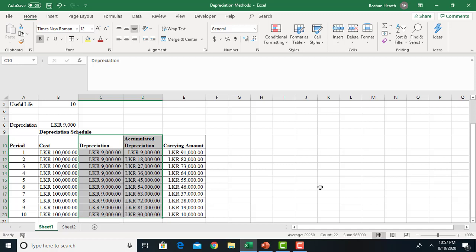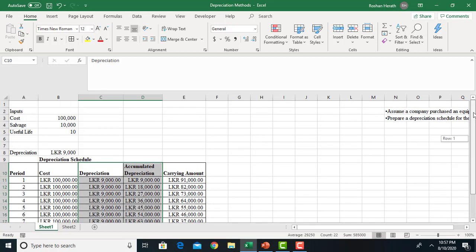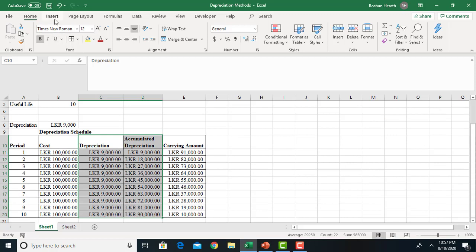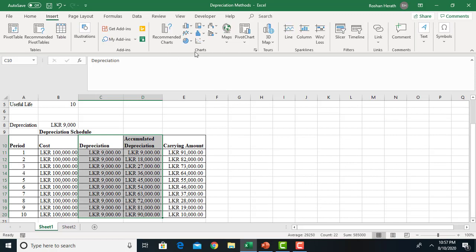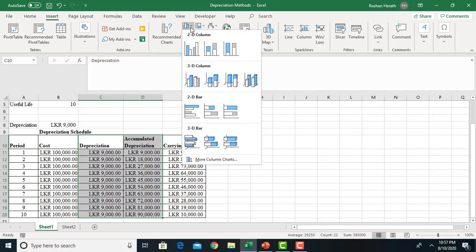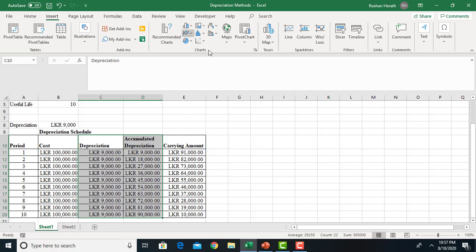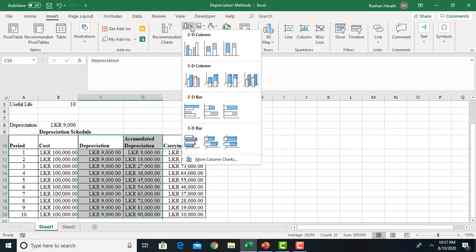You can take it for a graphical representation, then it would be more convincing for the audience. So we may go to the insert and take a bar chart, a suitable one. You can select from the insert, the charts are there. From that, you can select a more suitable one.